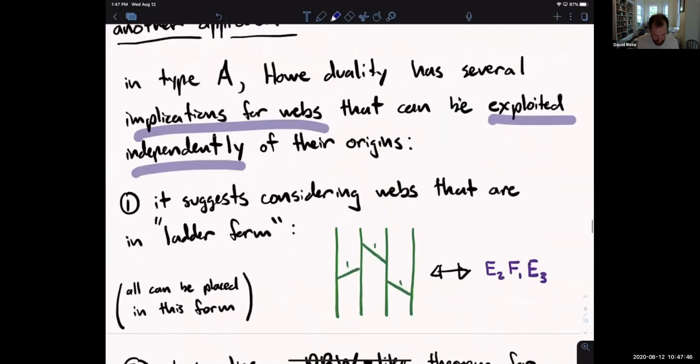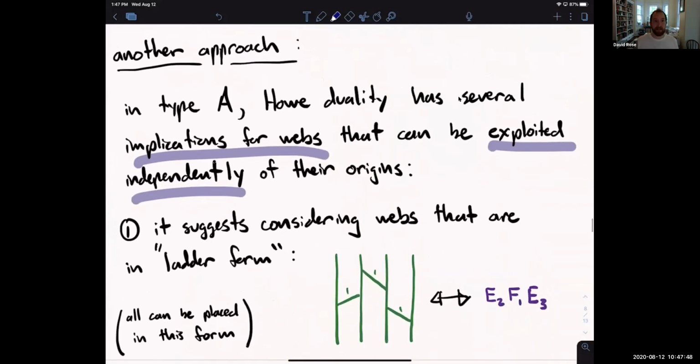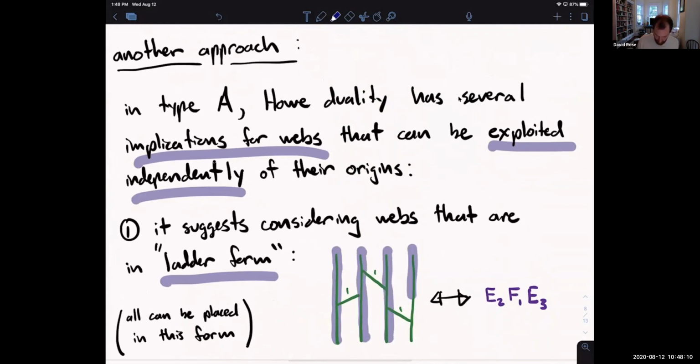So the first thing that Kamnitzer-Morrison tell us is that, in the process of using how duality to describe webs, they were led to consider webs that were in ladder form. So these are trivalent graphs as before, but we require a bit more rigidity. We require them to all consist of these edges which are sort of the uprights of a ladder, and then also these edges which would be essentially the things that you step on while you're climbing the ladder, these ladder rungs.